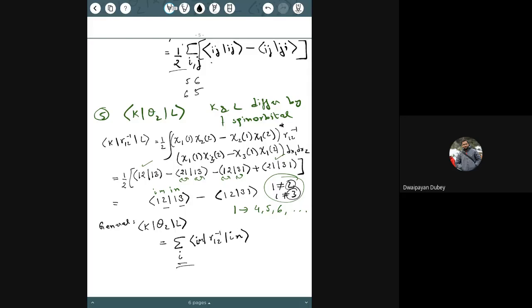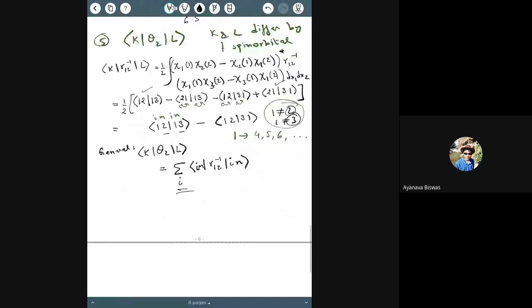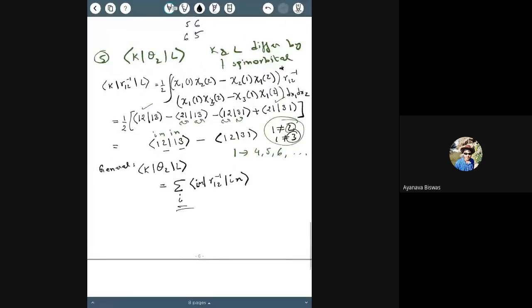Is that clear with all of you? Why the general expression is different? Ma'am, please repeat the general part. Yeah, so when you generalize, let's go back to the previous one.